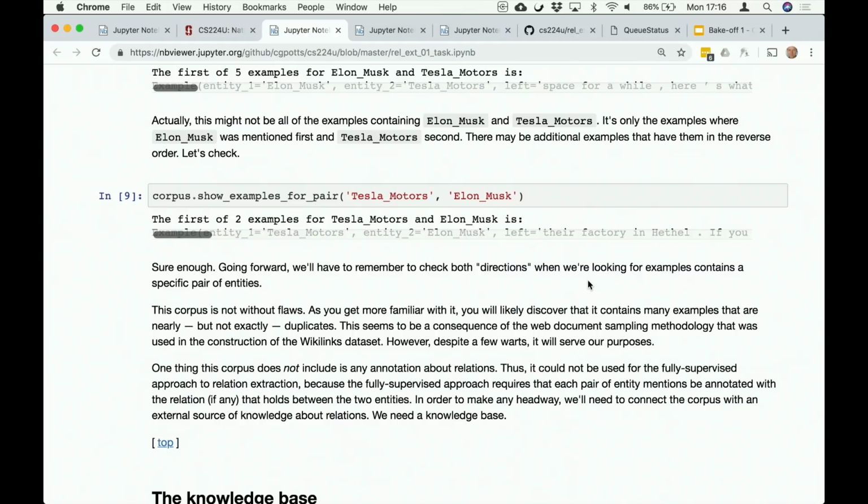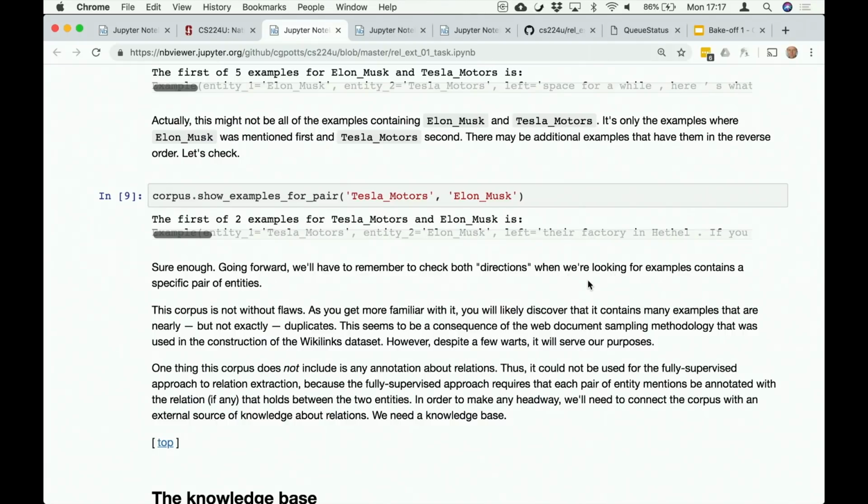This corpus does have some flaws. One flaw that you'll discover as you get further into things and start poking around more is that there are lots of examples that are near duplicates of each other. So not exactly the same, but with minor variations, like only a few words different. This comes from the WikiLinks data set, and I think this is a consequence of the sampling strategy that was used to choose the 10 million web pages from which the data set was constructed.